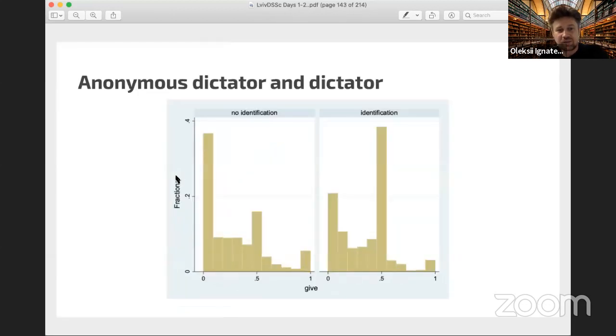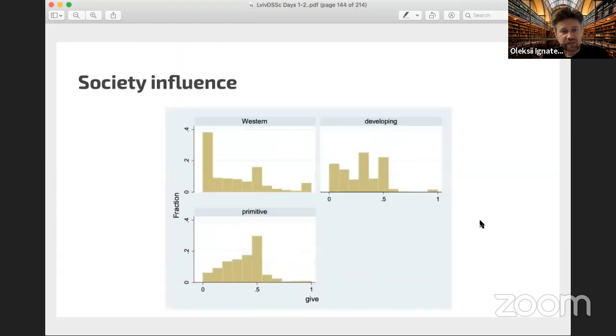And you see, when you have no identification, then the number of people taking everything for themselves is high. But if there is identification, there is a spike at the 50-50 split. And it's interesting that in different societies, the dictator distribution is different.